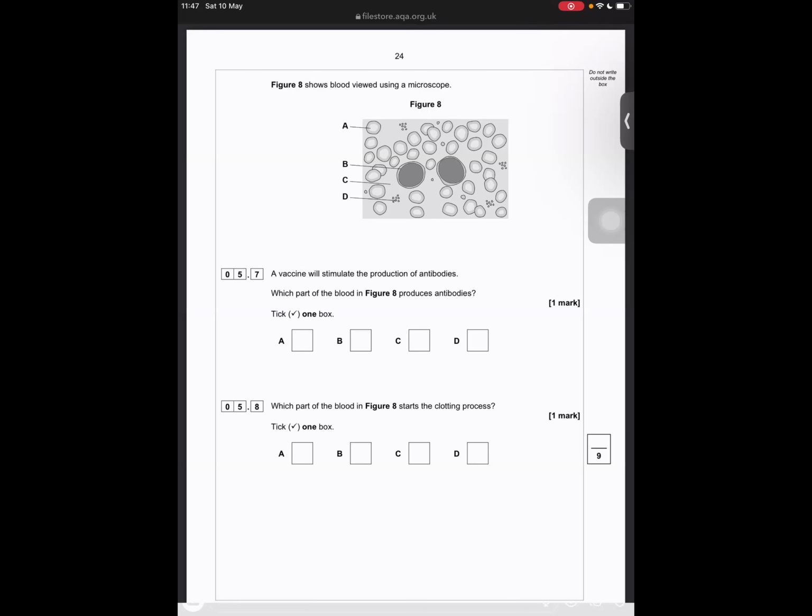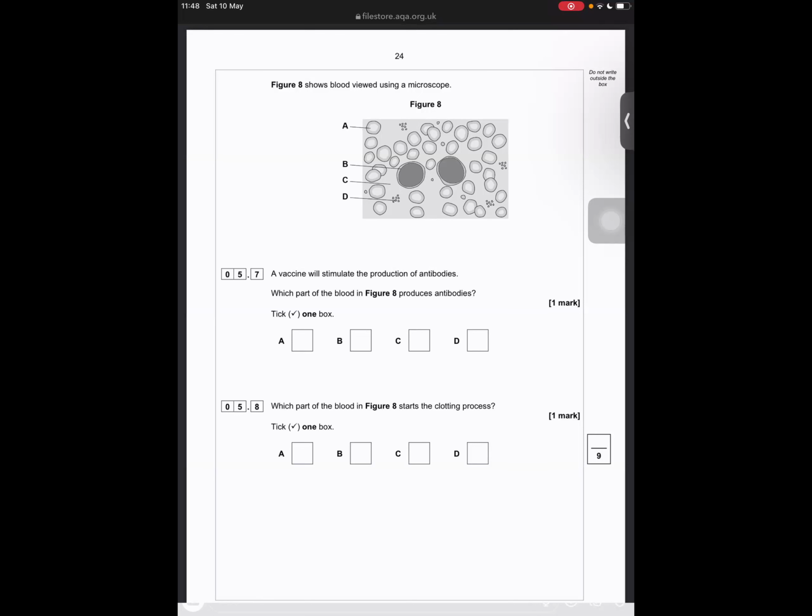If we go with this graphical representation of the blood, I would think letter A would be pointing to white blood cells. But what does the marking scheme say for that?